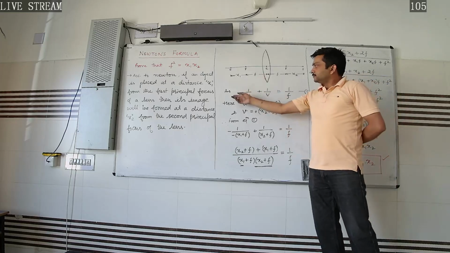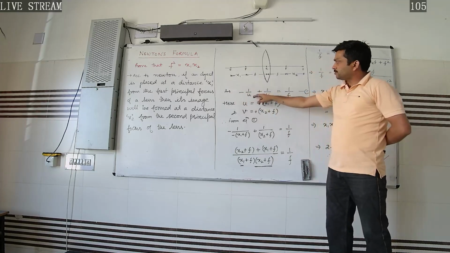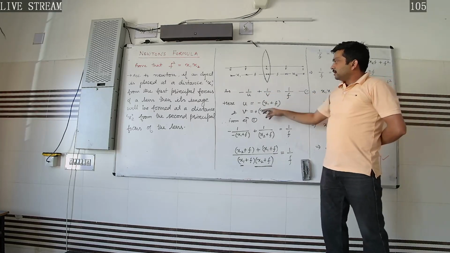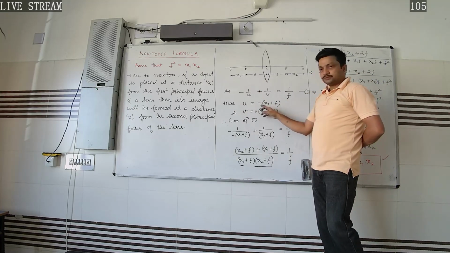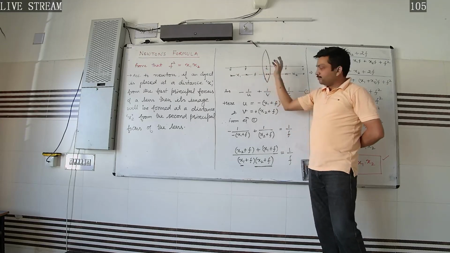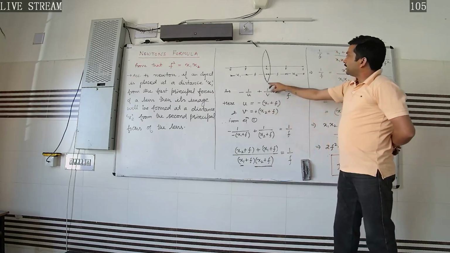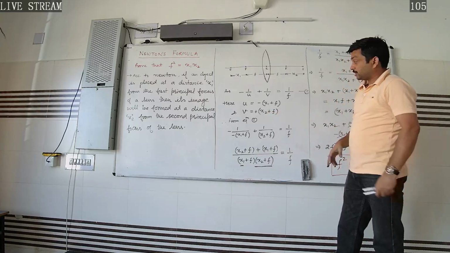So taking the lens equation initially, we know that the lens equation minus 1 by u plus 1 by v is equal to 1 by f, let it be equation number 1, and here we have the object distance denoted by x1 plus f, that is measured in the direction opposite to the incident ray coming from the object, so that's why I have taken here a negative sign, and this is the image distance, so it is denoted by x2 plus f.